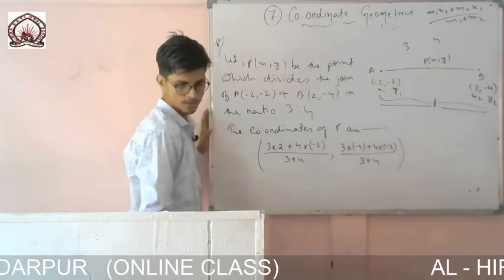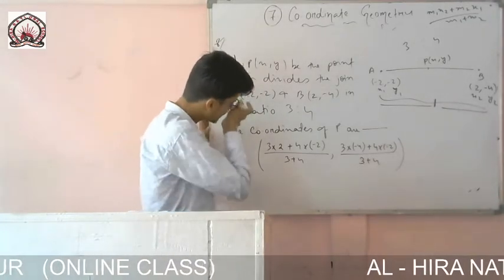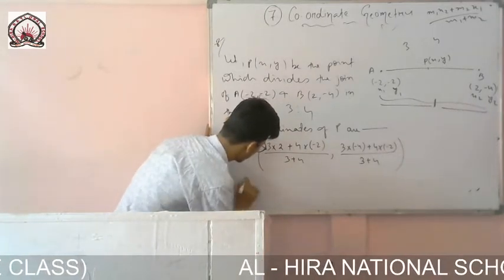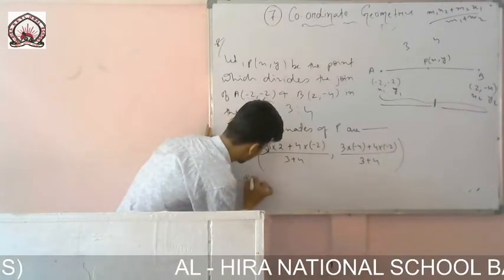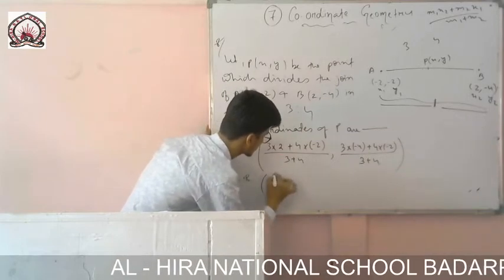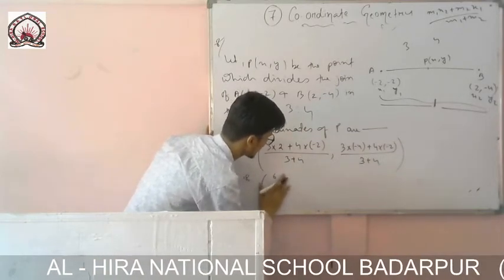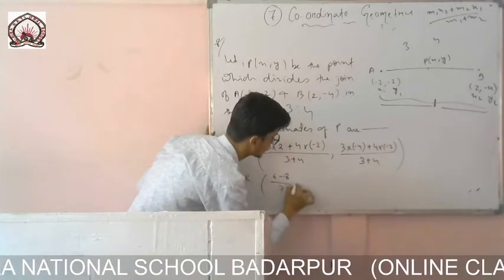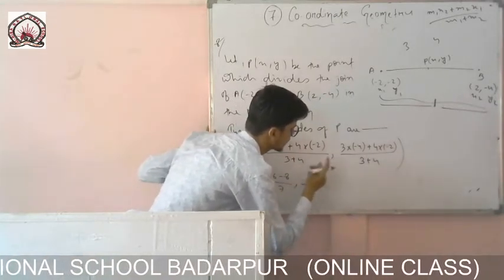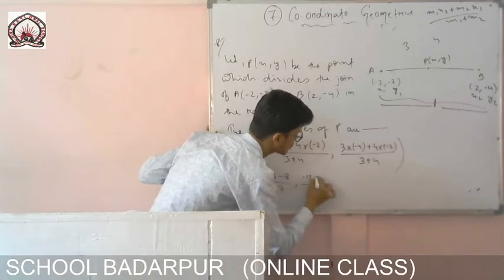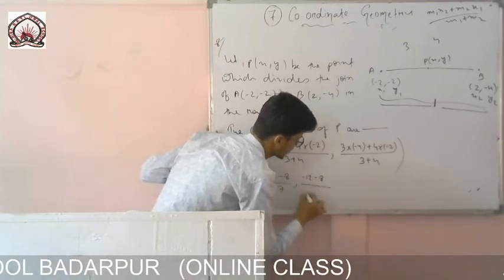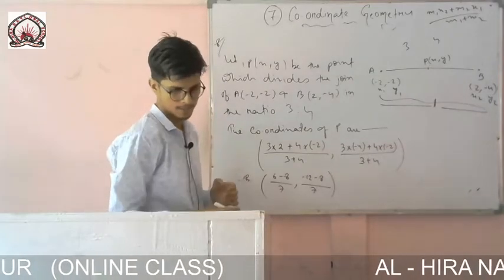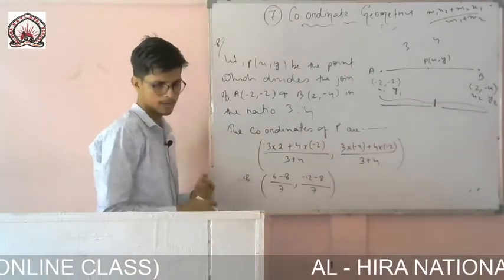Okay, so now we will solve this one. The values will be 3 twos are 6 plus 4 into -2, that is minus 8, by 7, and there 3 into -4 is -12, 4 into -2 is -8, by 7.